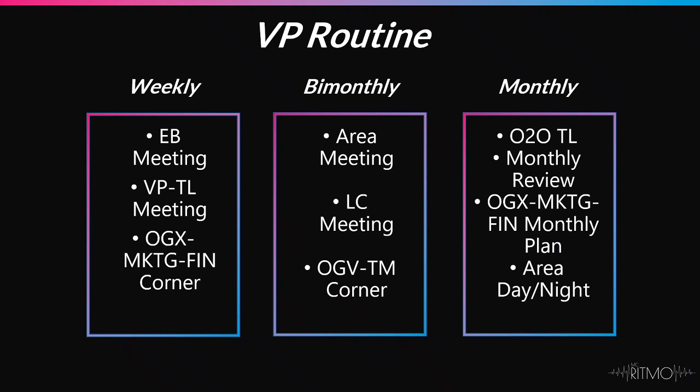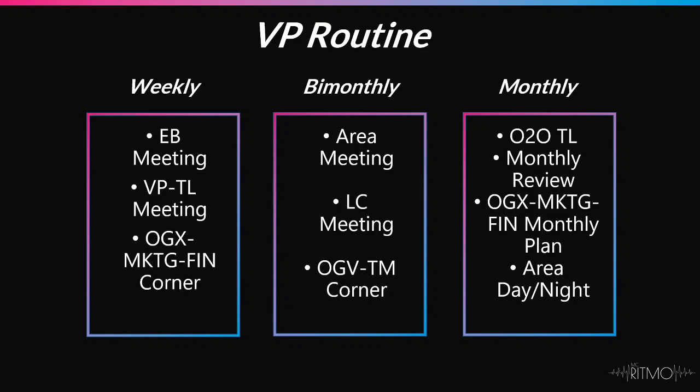A VP routine has weekly duties, bi-monthly duties, and monthly duties. Starting from the weekly duties, a VP has to attend EB meetings, VPTL meetings, and then has to do OGX marketing and finance corner.